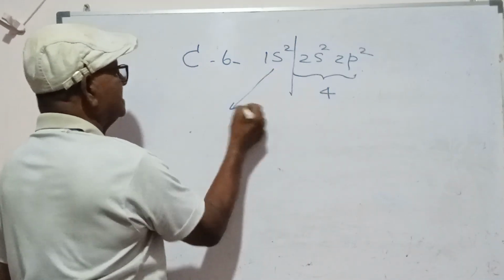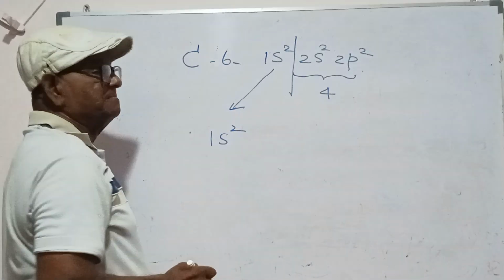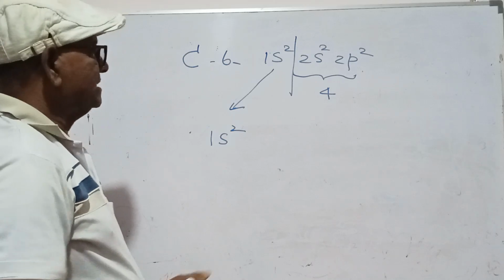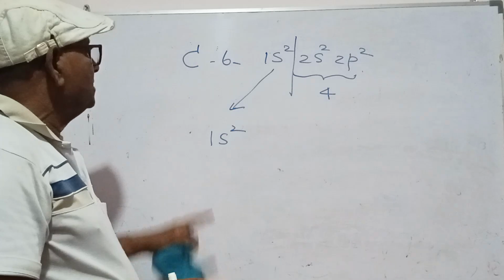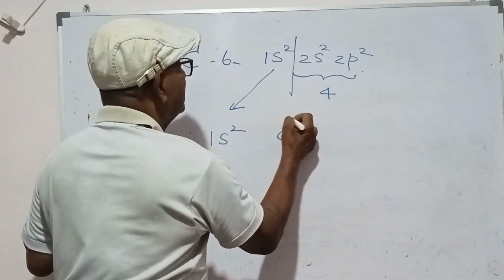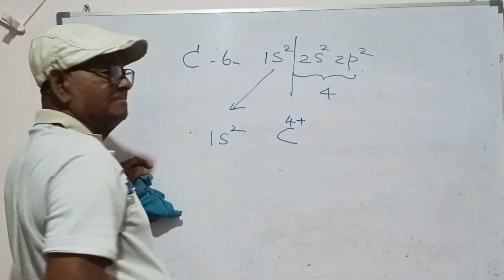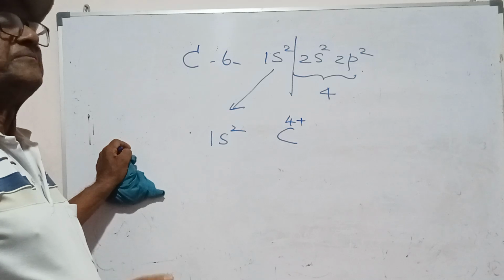It can then take the 1s2 configuration of helium with the removal of 4 electrons. If so, it should form a C4 plus ion. Now, carbon never forms a C4 plus ion.